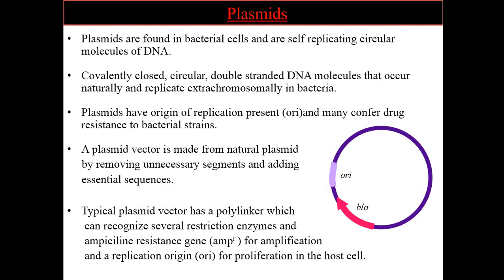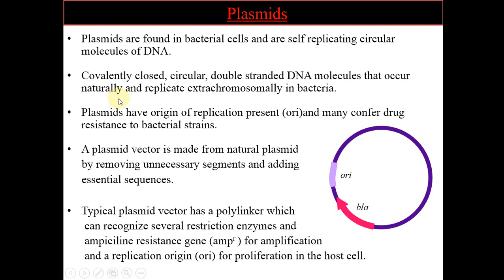So the very first vector is the plasmid vector. Plasmid vectors. Now what are plasmids? Plasmids are covalently closed circular double-stranded DNA that are present naturally and replicate autonomously in bacterial cells.